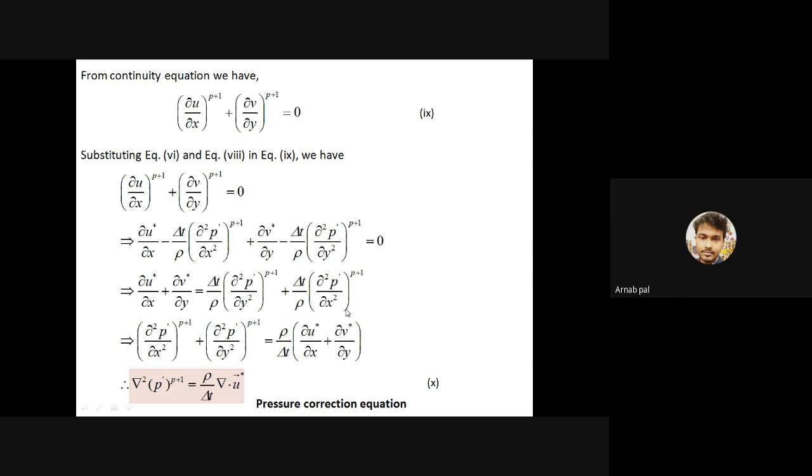No, sir. Actually, I forgot why in the continuity equation it's p plus 1. Why is it not p only? Actually, one should satisfy the continuity equation continuously while solving the governing equations.